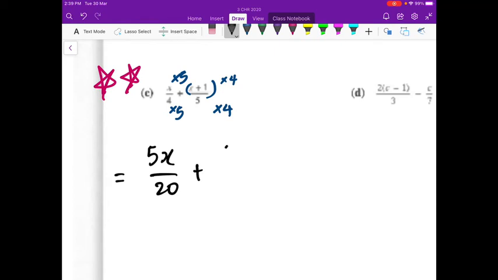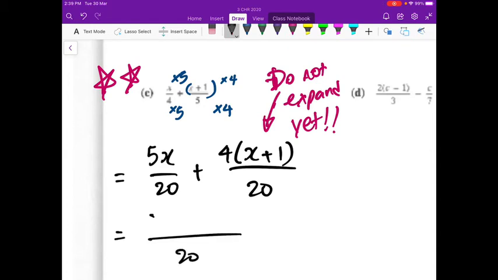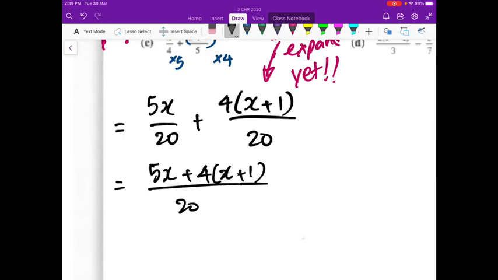Second fraction 4 times x plus 1 over 20. Here, do not expand yet. Combine, then you expand. So out of 20, 5x plus 4 times x plus 1. Now we expand.